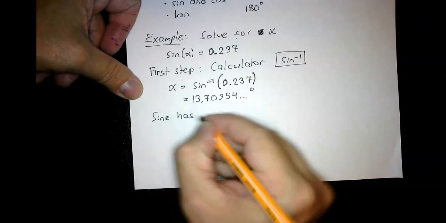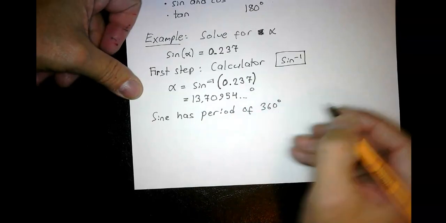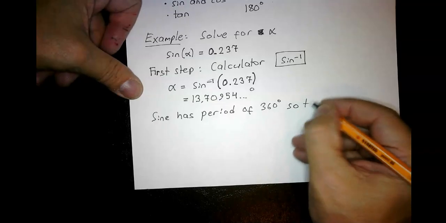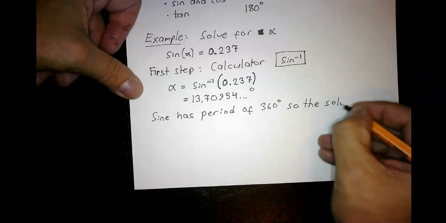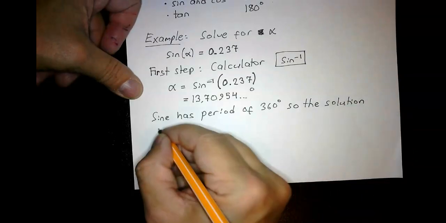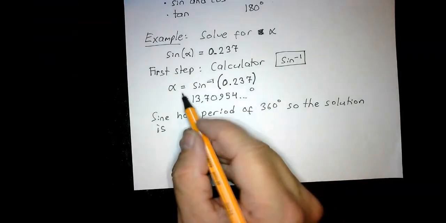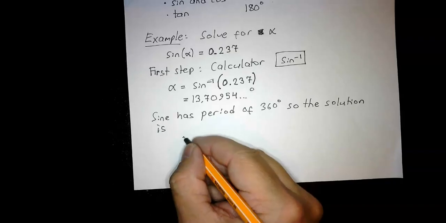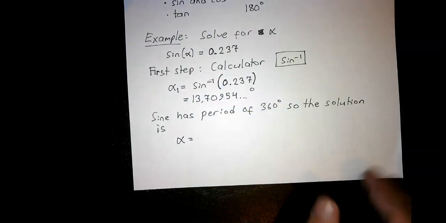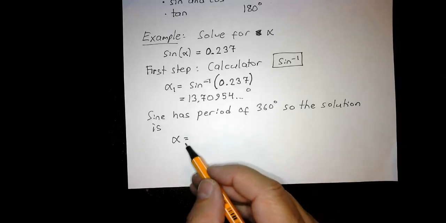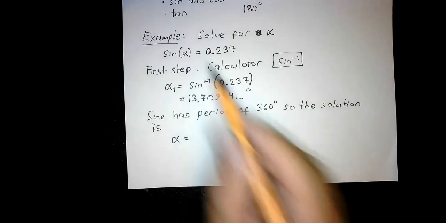Sine has a period of 360 degrees. So the solution is, I have to use a different name, because I want to use alpha for the whole equation, so let's say this is alpha 1, so we don't mix it with the solution for the whole equation.